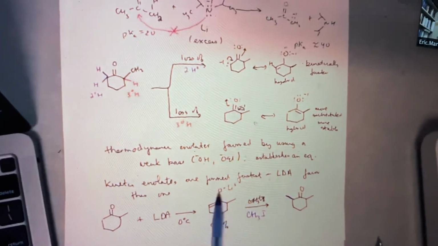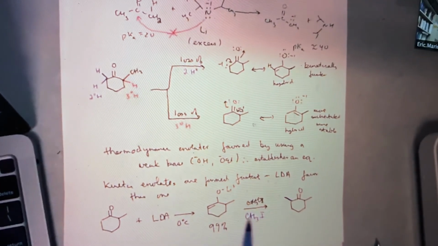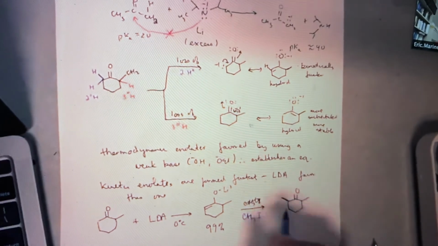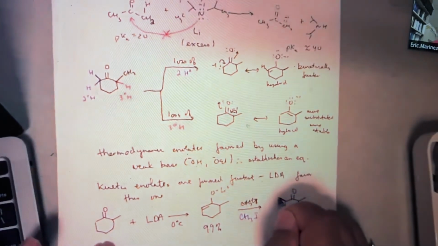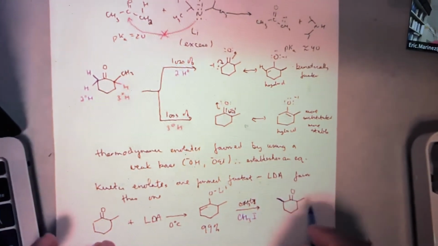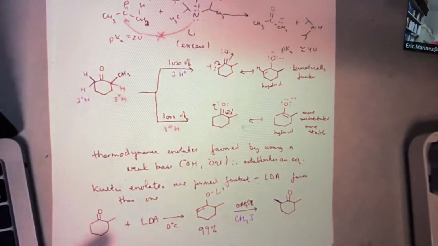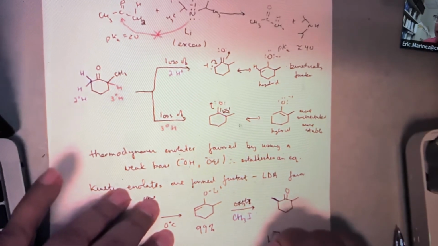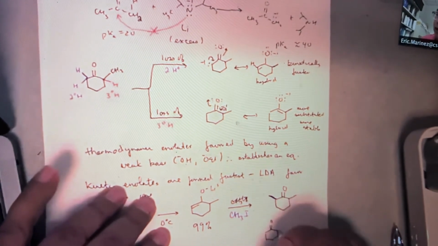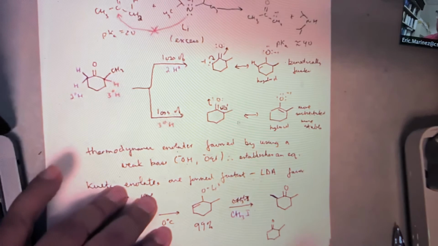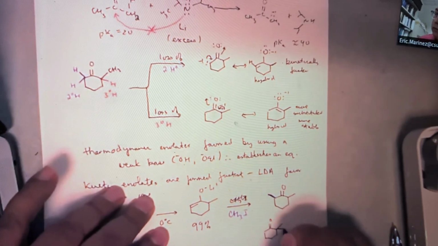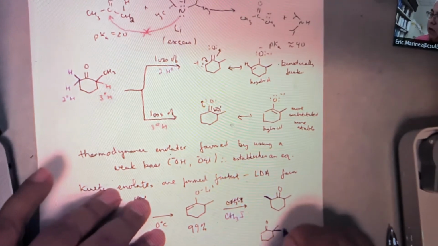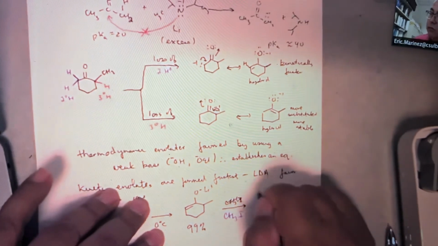Now if I treat this enolate with methyl iodide, the methyl group goes on this carbon, and I form very little of the product that would exist if I formed the thermodynamic enolate. And let me emphasize that's a methyl from methyl iodide.